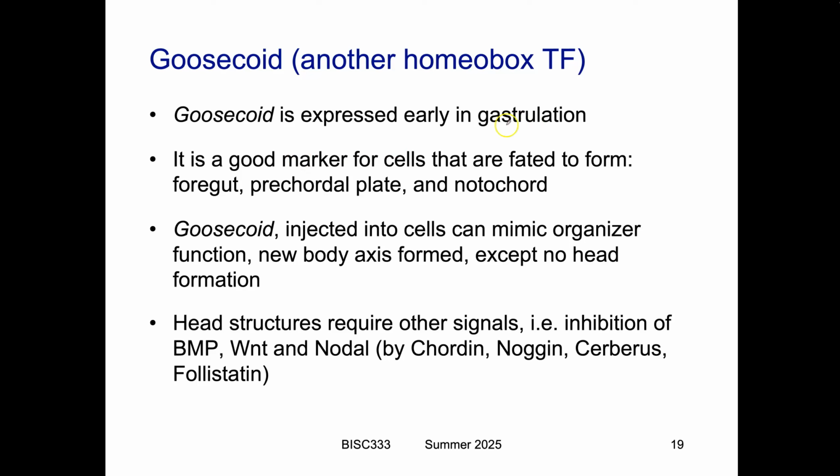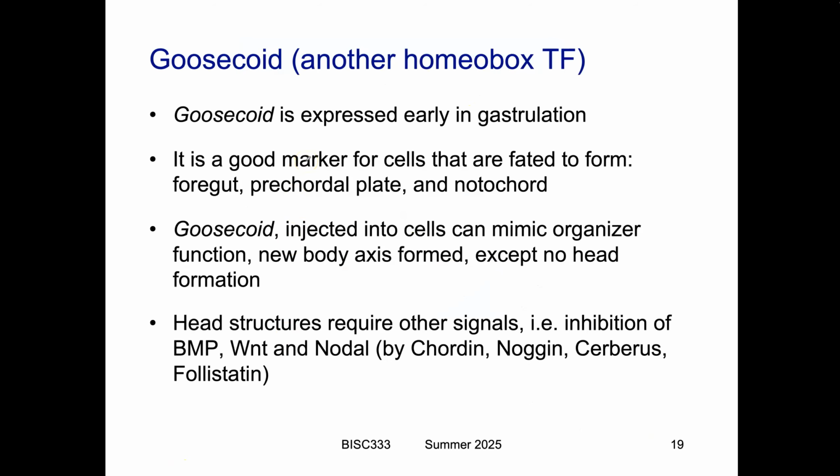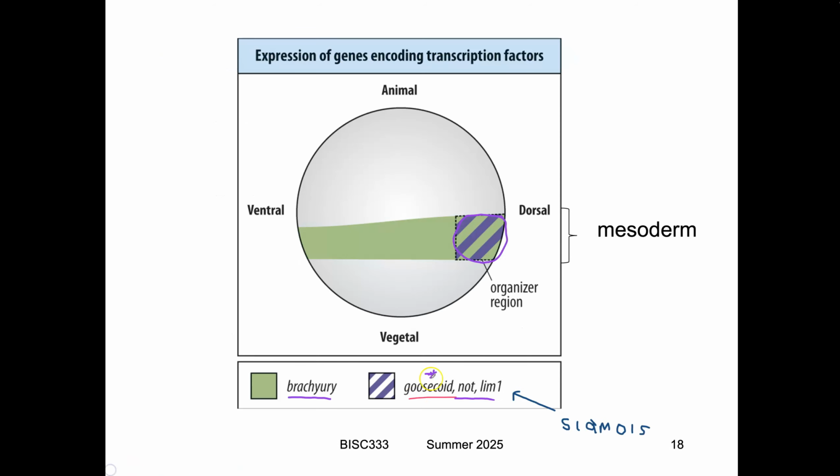Okay, so goosecoid is another one of these homeobox transcription factors. There's a whole bunch of these, and we're just going to limit what we say about them. There is more detail, though, in the textbook. So goosecoid begins to be expressed in early gastrulation.